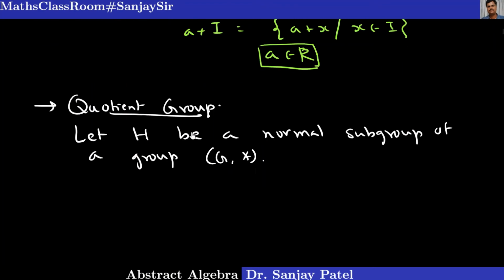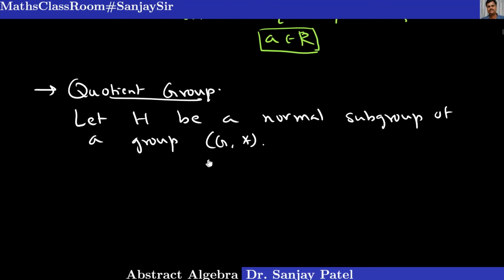Whenever we have a normal subgroup, we can collect all the possible distinct right cosets of H in G. Remember, all the right cosets and left cosets are equal. So you can consider any type of cosets, whether left or right is not important in this case.